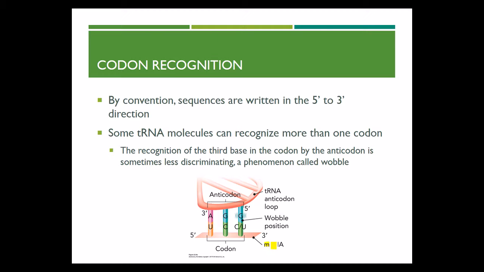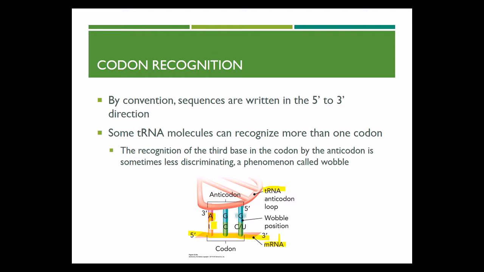Here is our messenger RNA, and it is being read 5' to 3'. The codon is UCC, which could then base pair with the anticodon in the transfer RNA.